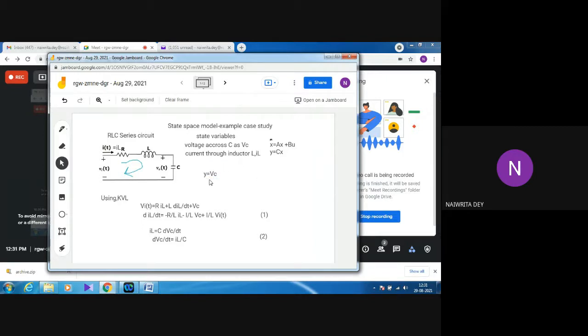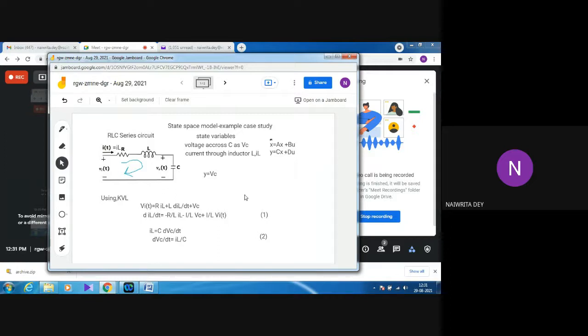So what is the expression of the output equation? y equals Cx plus Du. I omitted the Du part because here we have chosen a single input, single output system.